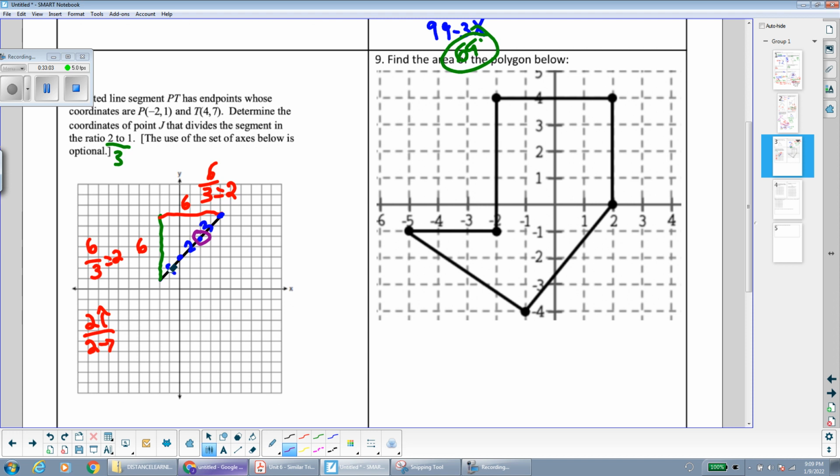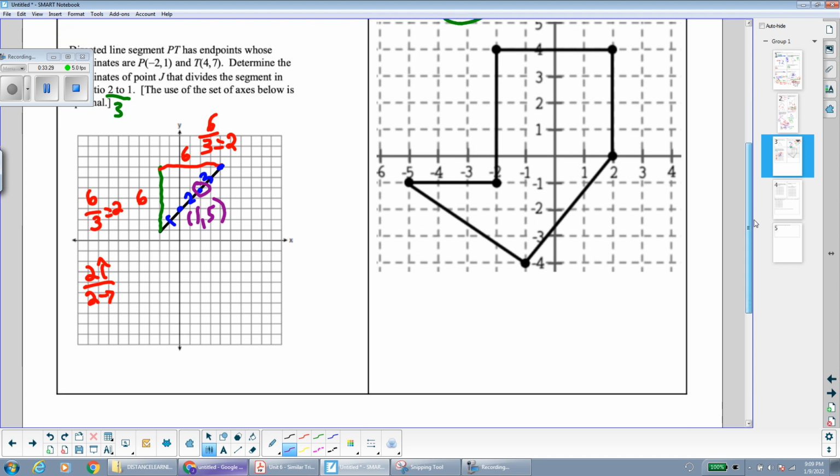There are 2 parts of the line segment to the left of it and 1 part to the right of it. So that would be the point that divides this line segment in a 2 to 1 ratio. That would be the point (1, 5). So that was graphically using the graph.